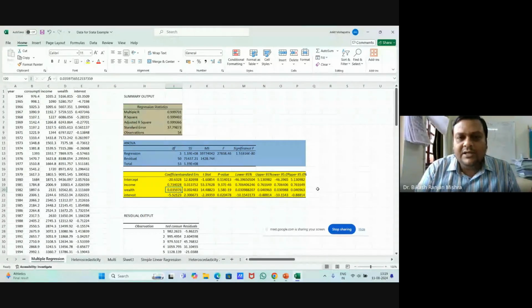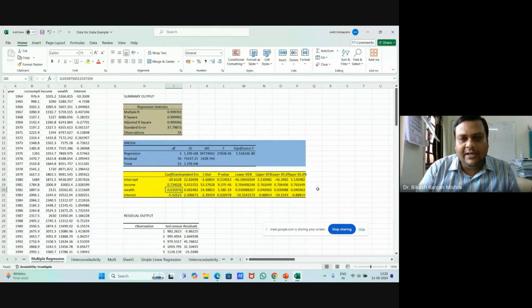The result seems to be very good, because R square and adjusted R square are very high. Individually, the variables are also found to be very good in nature. Whether you rely on it or not is a subject matter of our subsequent discussion. Just wait for one minute, ma'am. I will give you the answer.